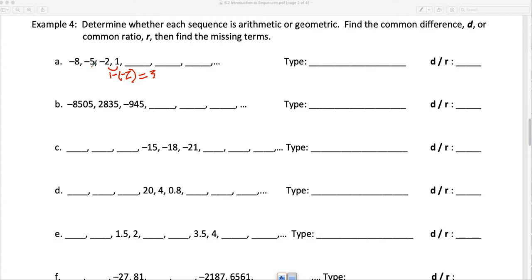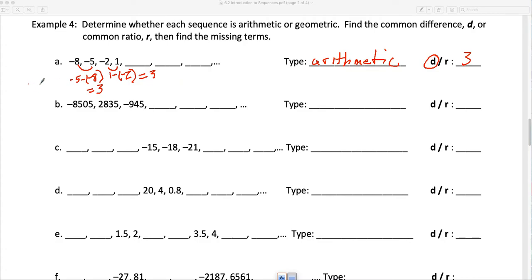Let's try it again up here. -5 minus -8. And that's also going to give me a 3. So we've just confirmed what we suspected, that it is arithmetic. It has a common difference, and what we found that to be was a positive 3.